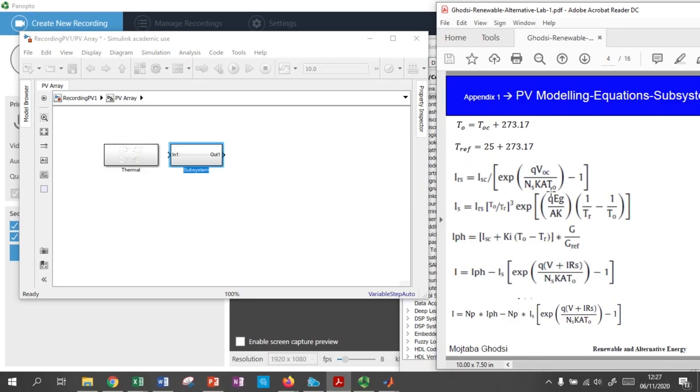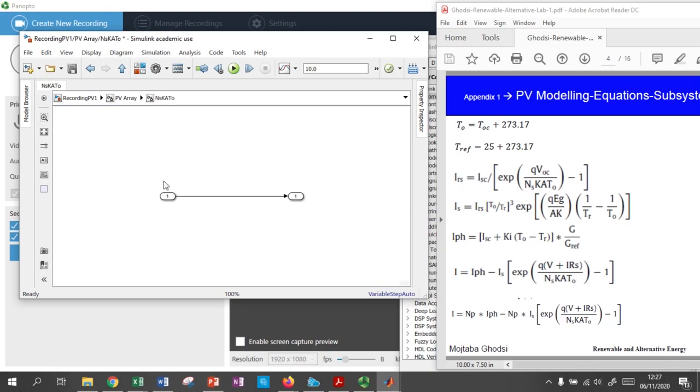Then just to make it easier, I will make NS, K, A, and TO at first, and in the next subsystem I will make IRS. Then easily I will change it. I will make it in this way.